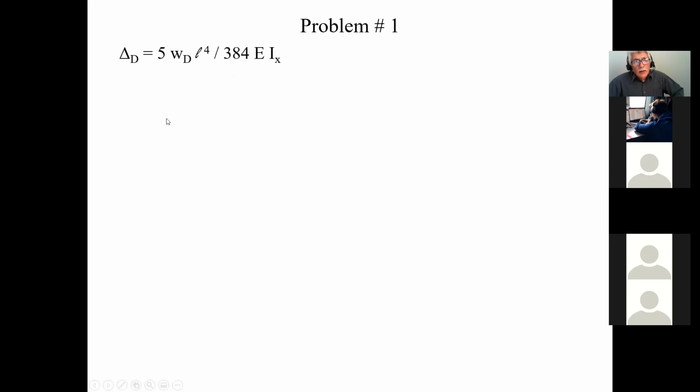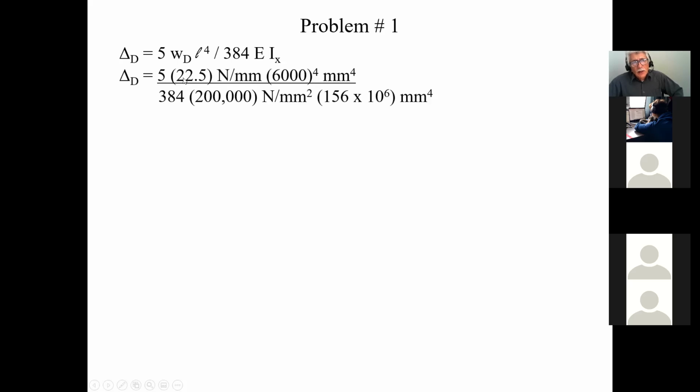Now, I've got all the variables that I need to calculate delta D, the dead load deflection, and therefore I have 22.5, which is what I calculated before for WD. Of course, convert this to millimeters so you're working in the right units. This makes no difference because kilonewtons per meter and newtons per millimeter is exactly the same thing. This all cancels out, that goes there, and I have millimeters. All my units work out perfectly, and now I will take my calculator and do the calculation.